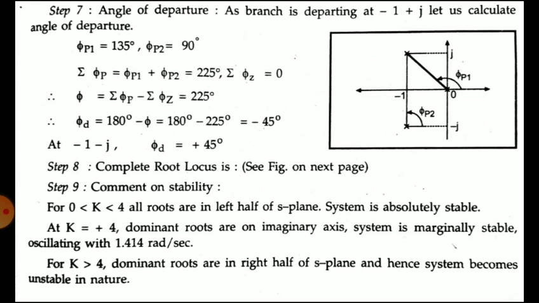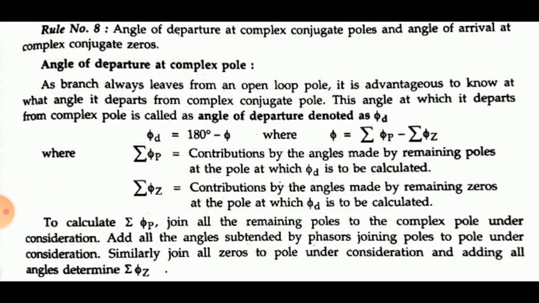So you have to join all the poles to that pole. The pole at 0 is joined to the pole at minus 1 plus j, and the other pole, minus 1 minus j, is connected to the minus 1 plus j pole, and those angles you have to calculate and add to get the summation of phi p that is given here.